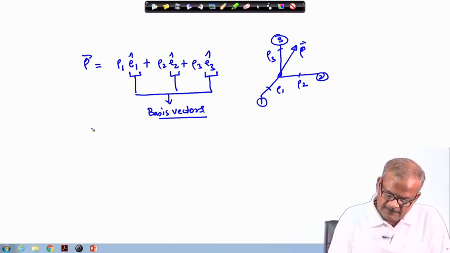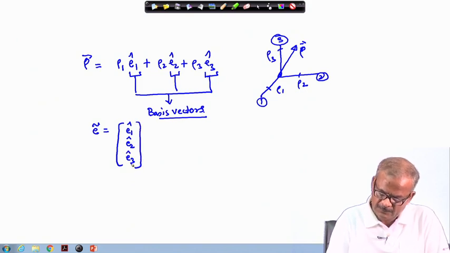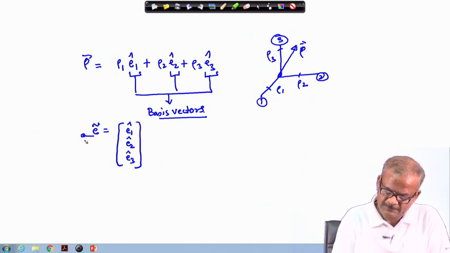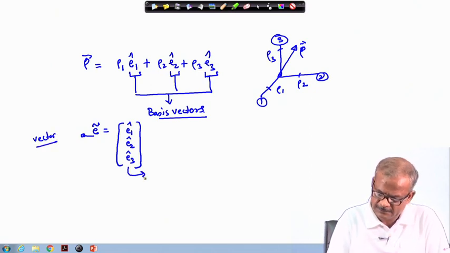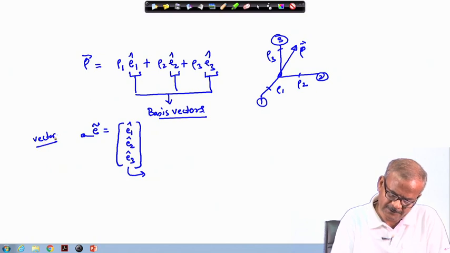If I use this notation and write e 1 cap, e 2 cap and e 3 cap, this is itself a vector in the matrix notation. Each of its elements is a vector, and therefore this is called a vectrix, instead of calling it a vector.